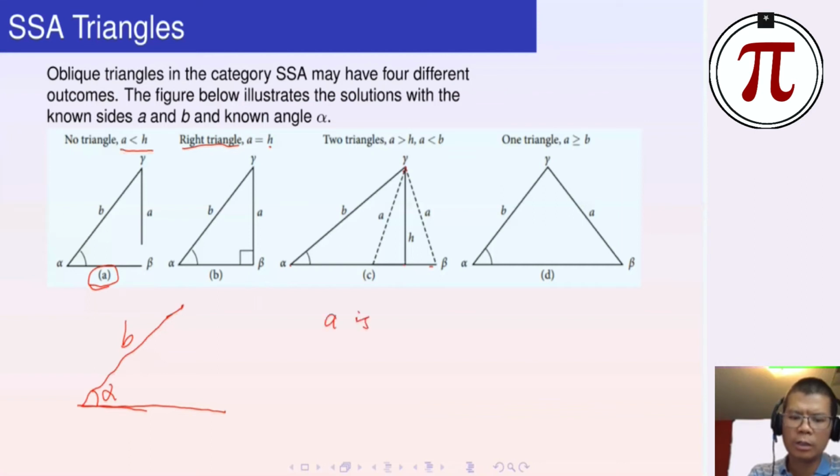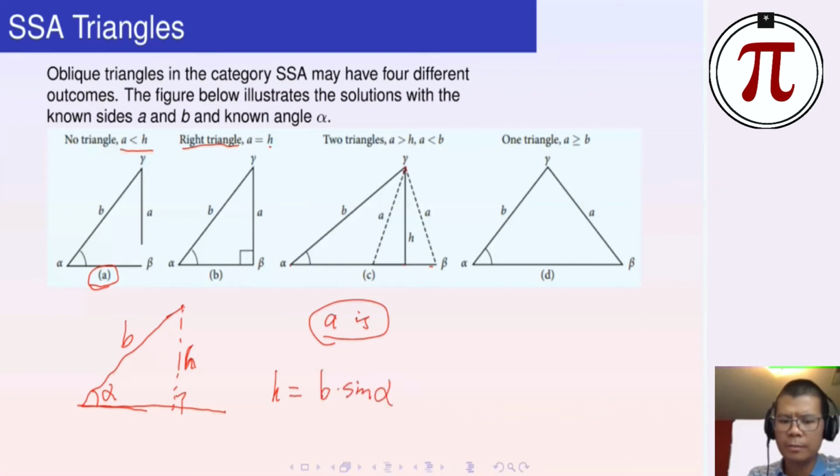A is also given, right? I do not know the length of A. I know the length of B, and if B and alpha are given, I will know this height. This height equals what? Height is going to be B times sine alpha, yes?